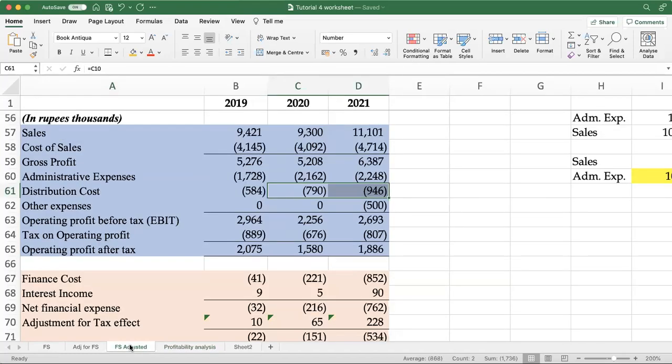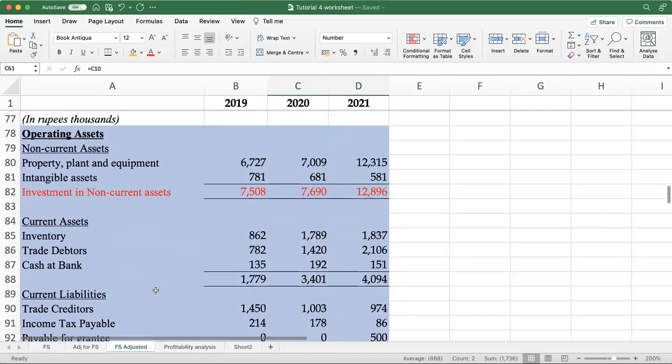So in your reformulated financial statements, you can see the assets.